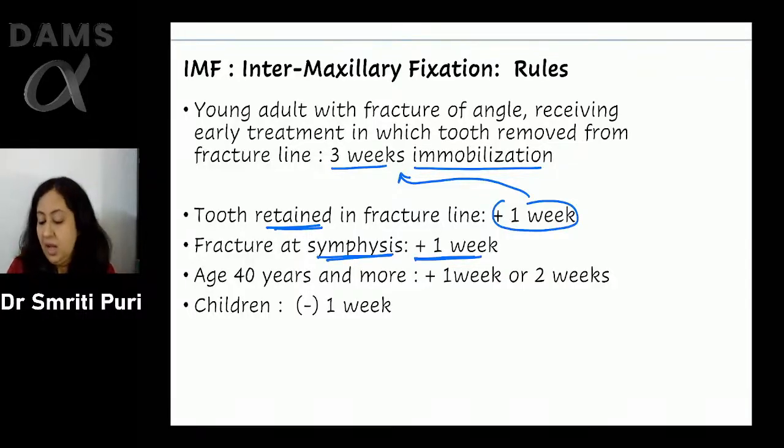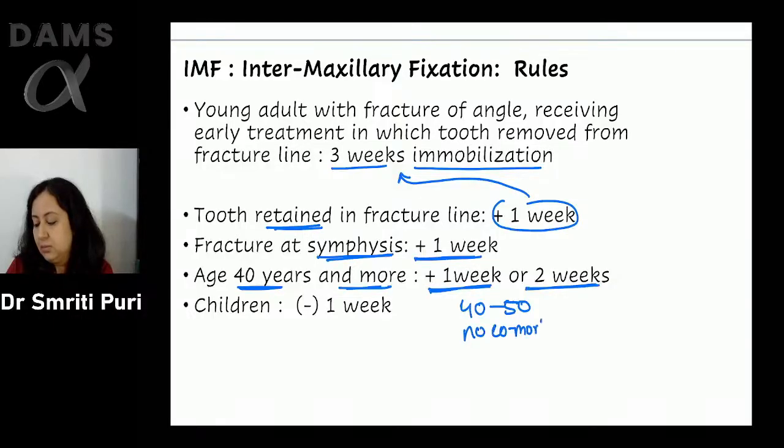Fine. If the patient is 40 years or more, you will add 1 to 2 weeks. Now please listen. If the patient is 40 to 50, no comorbidities, you will add 1 week. If the patient is more than 50, you will add 2 weeks.